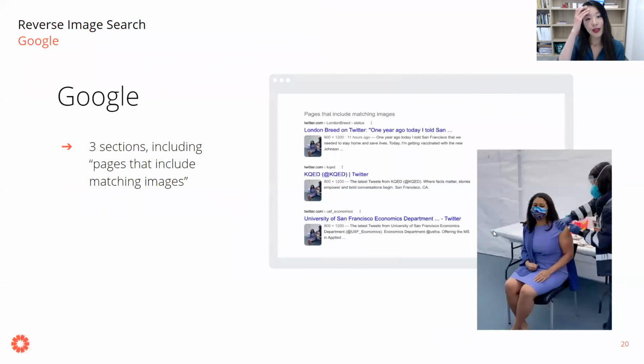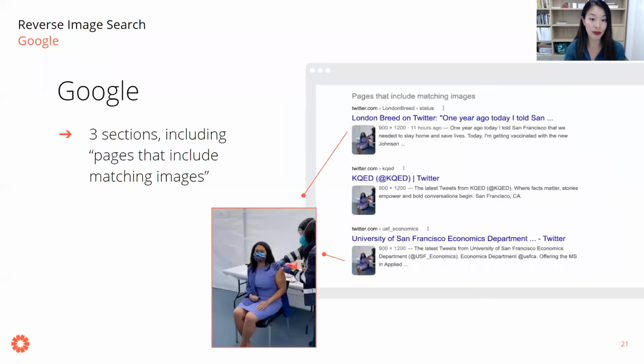So when you run a reverse image search on Google, it would try to identify the word and the phrase that defines what you're looking for. And it also has a section of visually similar images. And then if you scroll to the bottom, it has a section called pages that include matching images.